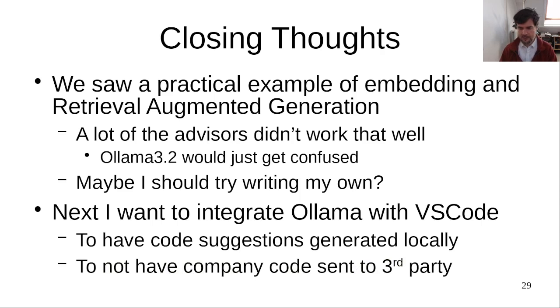So I can imagine that if you work for some big company, they're like, we're not connecting to Copilot because it will send all our private code out there. So it could be very useful for companies that are still a little on the fence about AI. You can say, well, we can run a local model and we can have our local model do little code suggestions. So that's what I want to do next time.